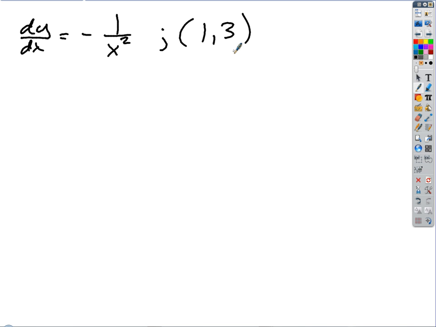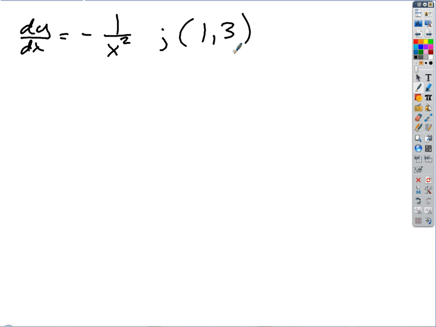Okay, let's try this one. Let's solve this differential equation, y prime, dy dx equals negative 1 over x squared.